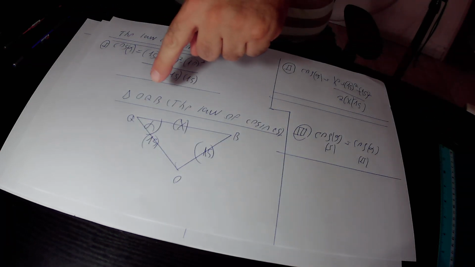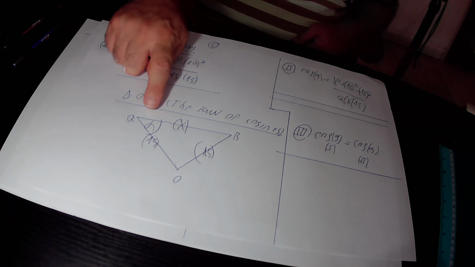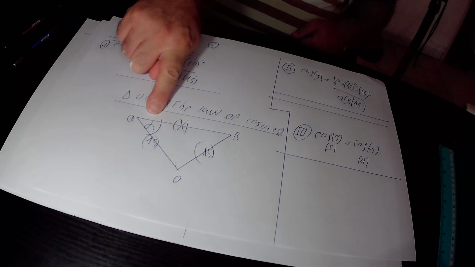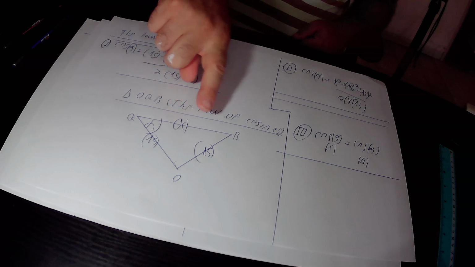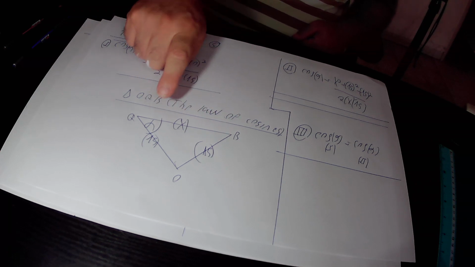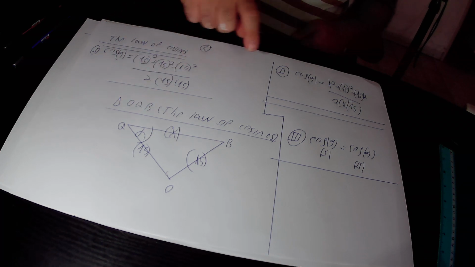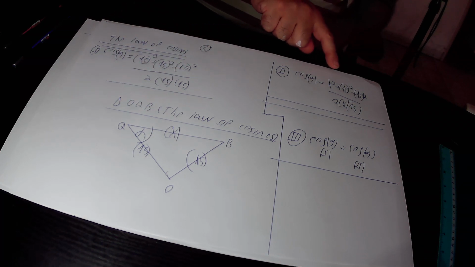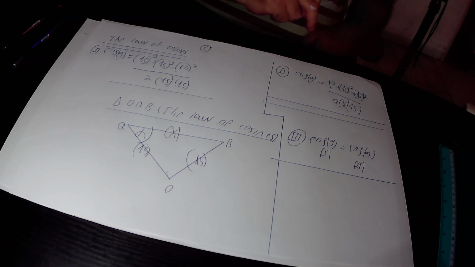According to the law of cosines in triangle OQB, cosine alpha equals x squared plus 15 squared minus 15 squared over 2 times x times 15. So we have two different equations for the value of cosine alpha. This is equation 1 and this is equation 2.